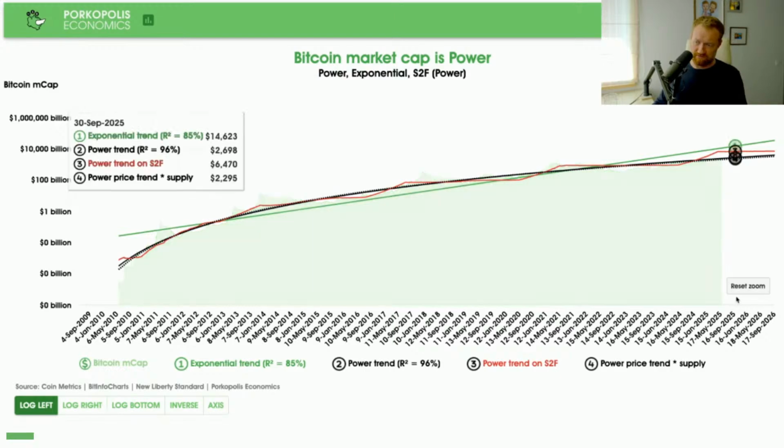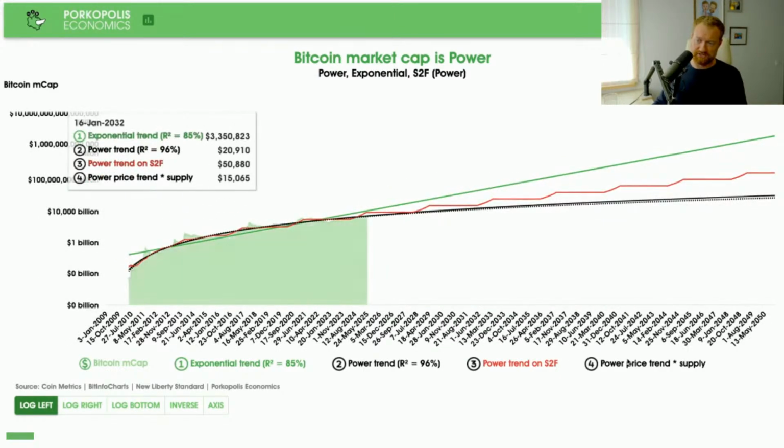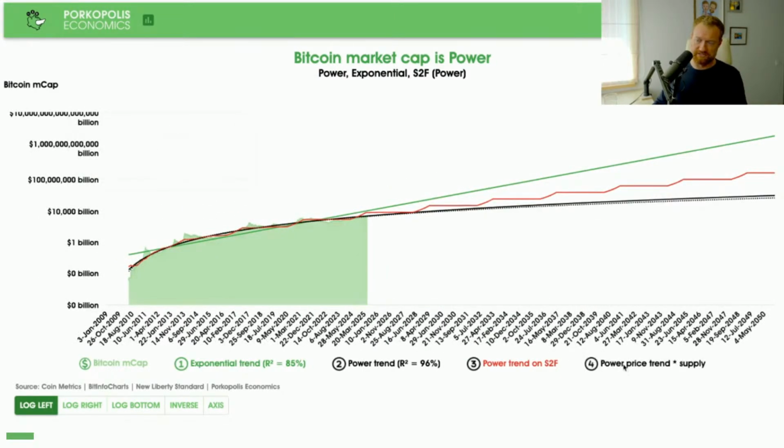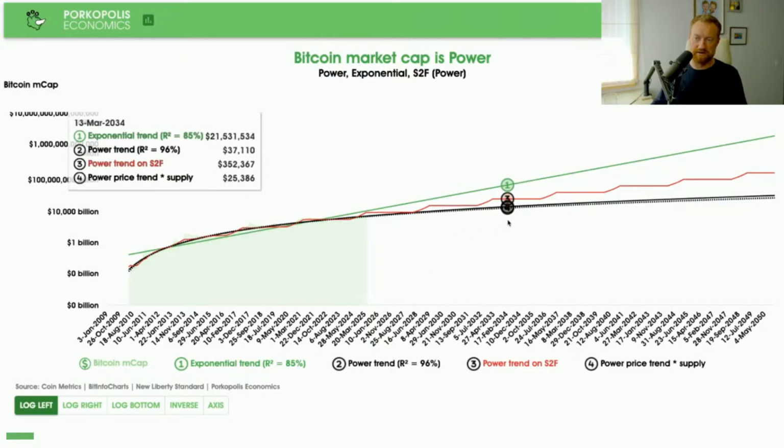So we'll talk about that more in a second. The point is, I just wanted to show you this fourth one because I haven't shown it enough. And I'll get back to it when we talk about how Bitcoin can accrete versus gold, base money, and all the rest in the future. I think this is going to be the best value to use, although it's pretty close to this value, which is the market cap. I mean, extremely close. Again, it shows you why I like the power curve.